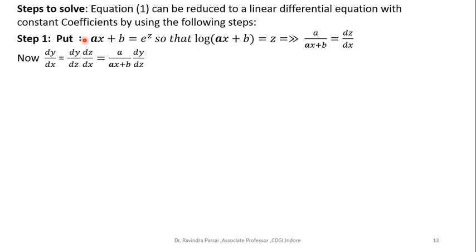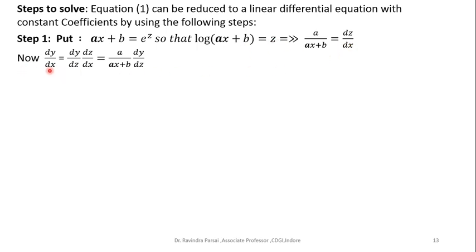Now again we concentrate on a method analogous to our previous case to solve this type of problem. First, your step is to solve this by putting ax plus b equal to e raised to z, that is, taking log on both sides, and then differentiating with respect to x. So first you differentiate the log function, 1 upon ax plus b, then you differentiate the inner function ax plus b, whose differential is a, so this gives a upon ax plus b, and the differential of z with respect to x is dz by dx.